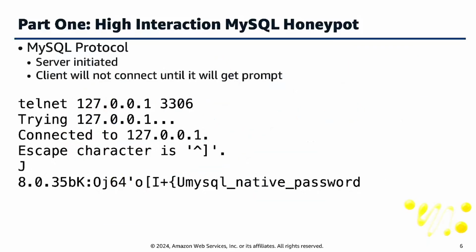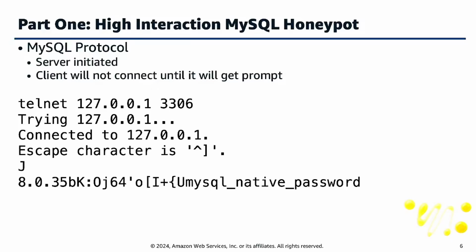So let's start with why we need a high-interaction MySQL honeypot. The MySQL protocol is a little bit different. It is server-initiated. What that really means is that if you just start a TCP server on a port, let's say 3306, the client will not be able to connect because there is no prompt.